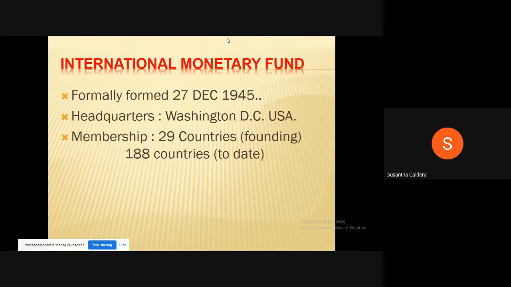Membership: founding members were 29 countries, and now we have 188 countries as of date, right? 188 countries as members in the International Monetary Fund.